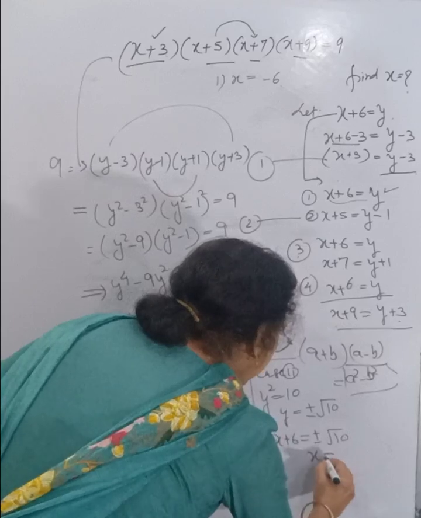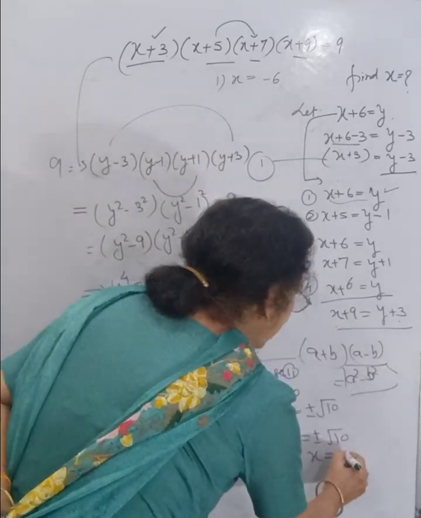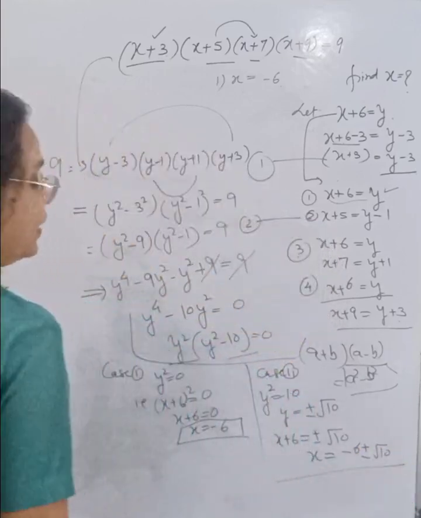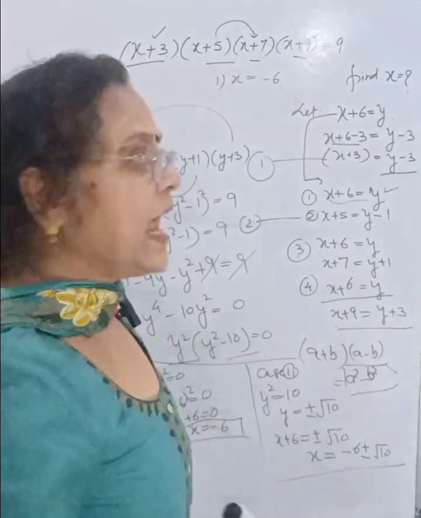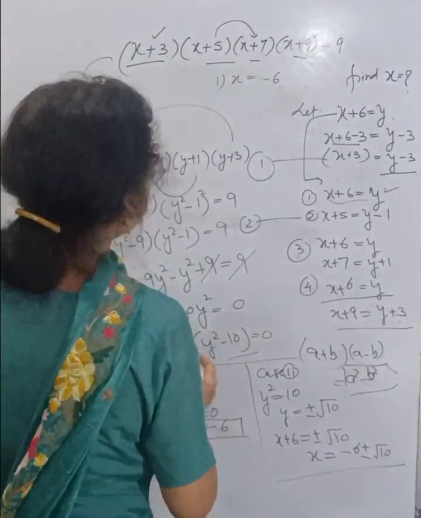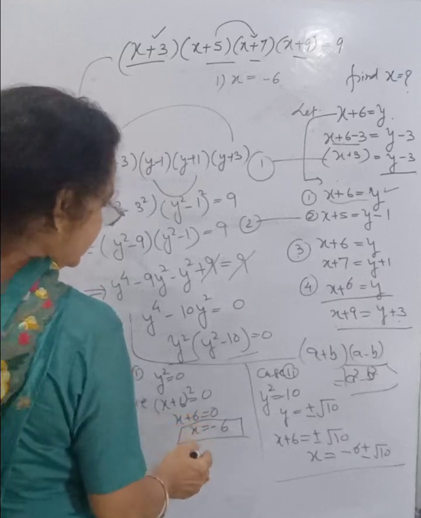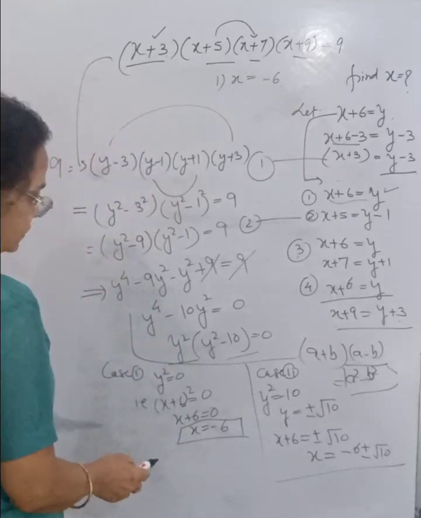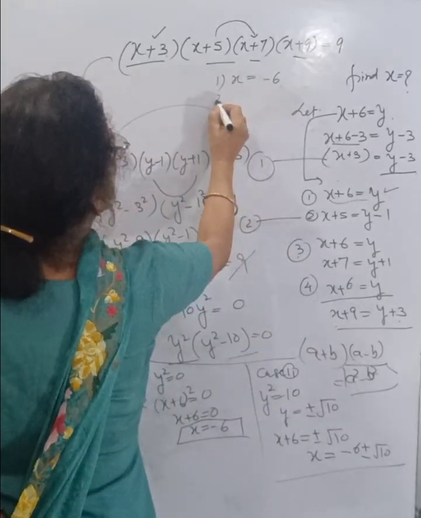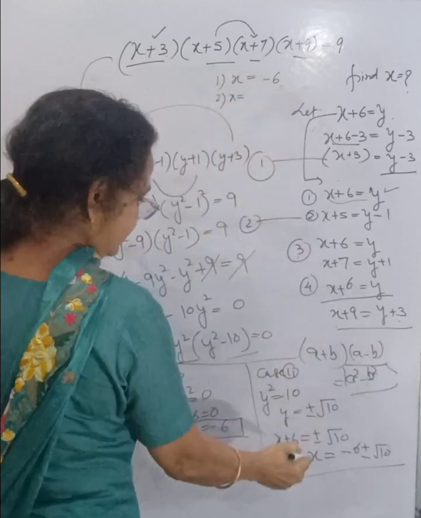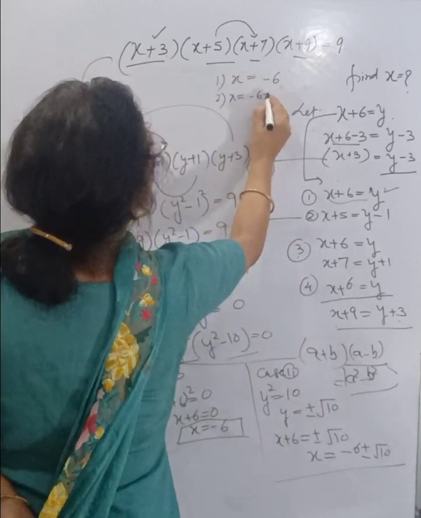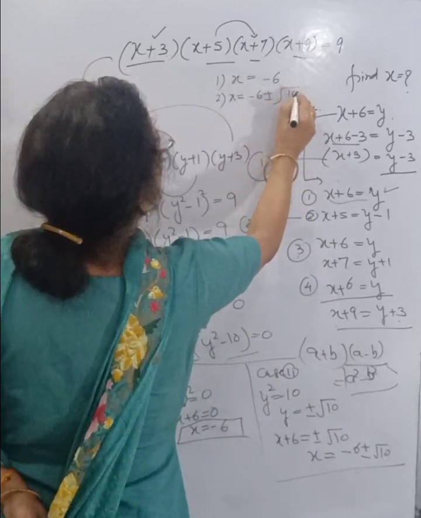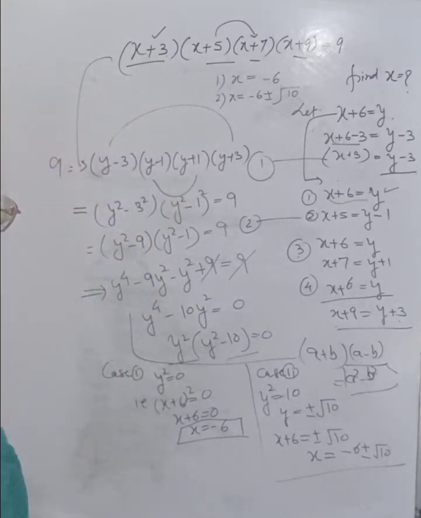Hence x will be equal to minus 6 plus minus root of 10. It means we are having three values of x. Okay. In the second case x will be equal to minus 6 plus minus root of 10. This will be the answer.